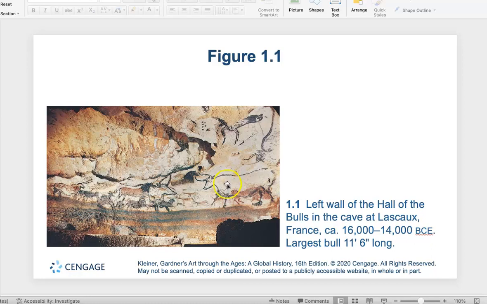And as you can see, this largest bull is not the only image in this cave. There's a whole bunch of other animals. There are horses, other bulls, this thing up here that I can't make out. It's crazy. It's just crazy.